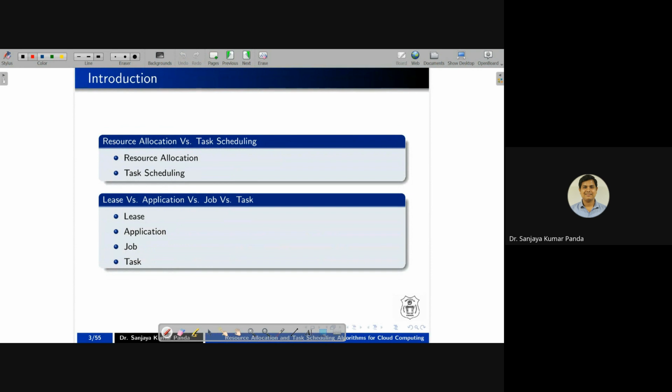Now, coming to the difference between resource allocation and task scheduling. These terms are generally used alternatively in many research articles, but the term resource allocation is different from the term task scheduling. For example, you developed an application and you want to deploy that application in cloud.